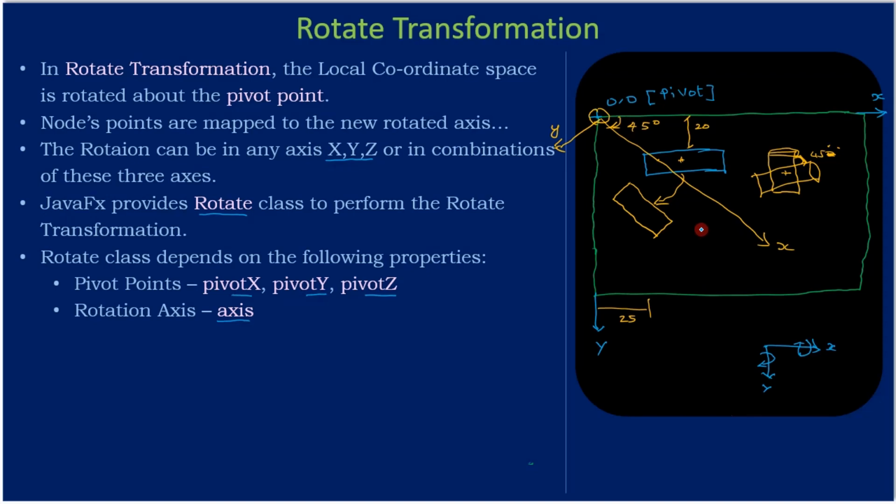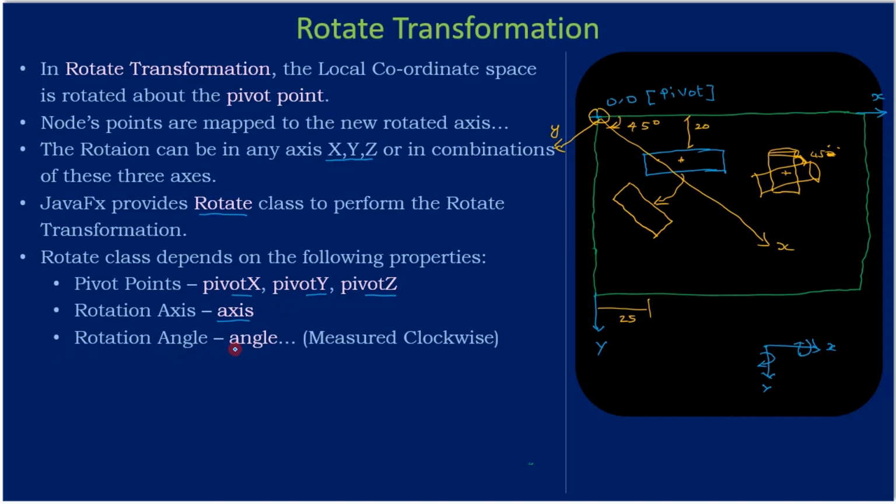But if this object is a 3D box or a cylinder, then we can even try rotation in all three axes. So we will revisit this rotation, and we will try to rotate the object in other rotation axes when we move on to the animation series.